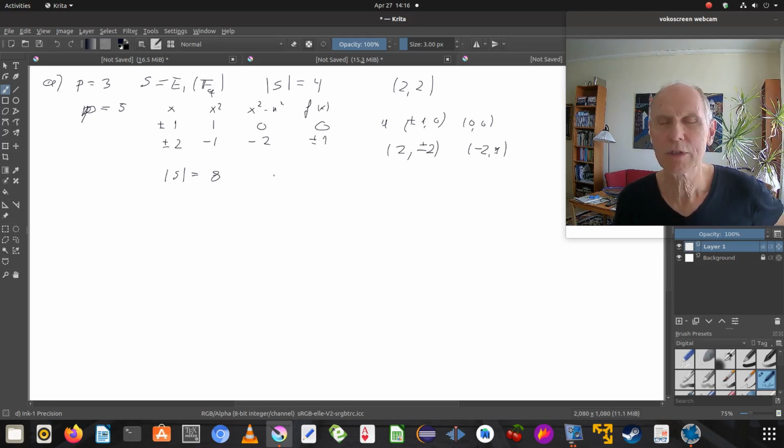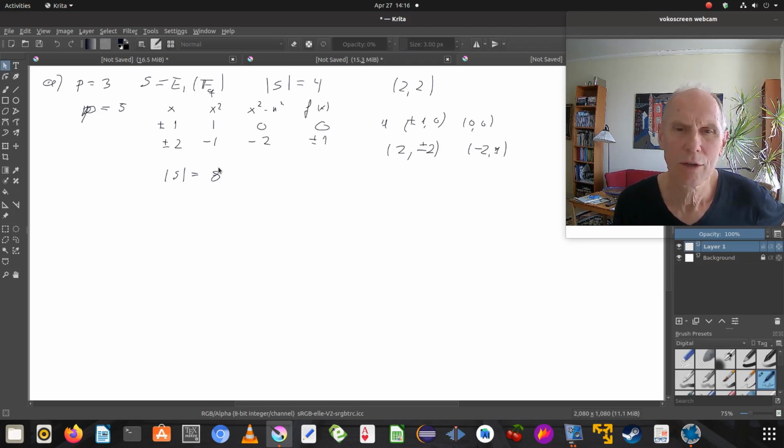I was about to say that obviously it must be of type 2.4. If it was cyclic, then we would only have 2 elements of order 2, unity and the generator to the 4th.